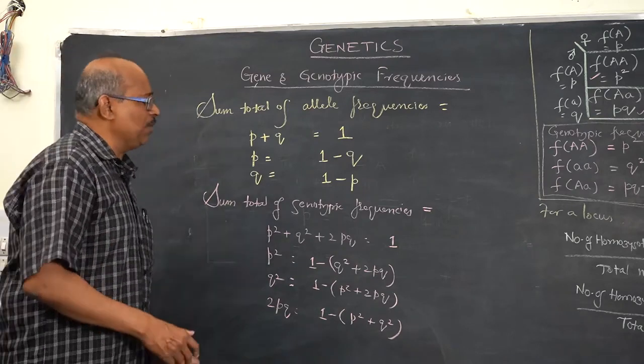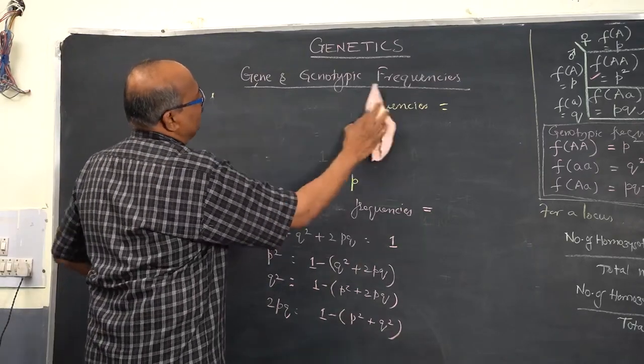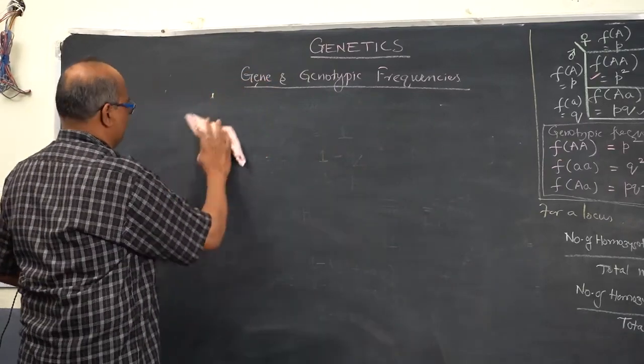Now in populations, what basically happens is, as the frequency of one allele increases, the frequency of another allele decreases.